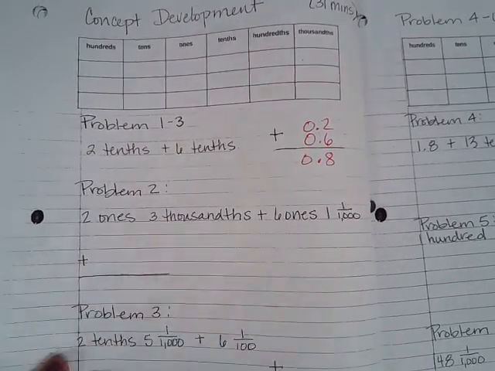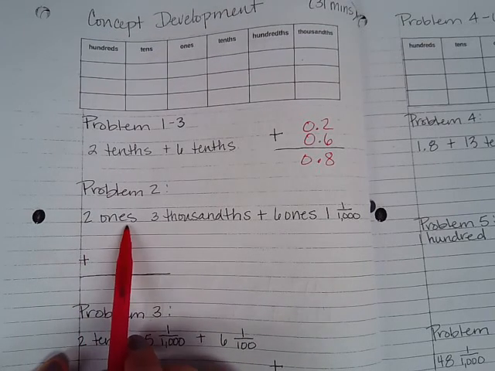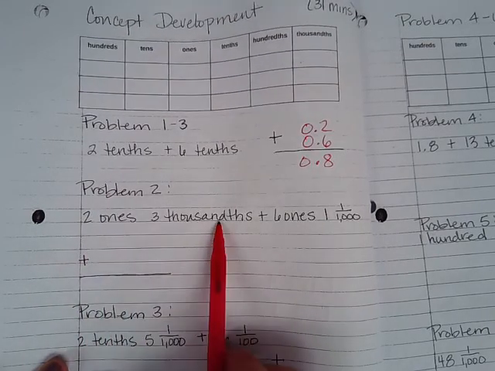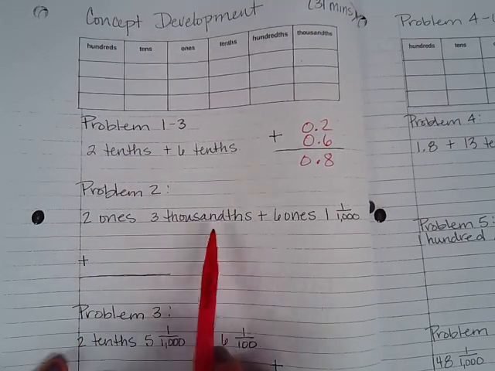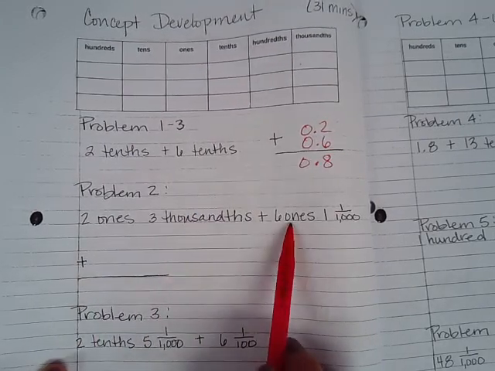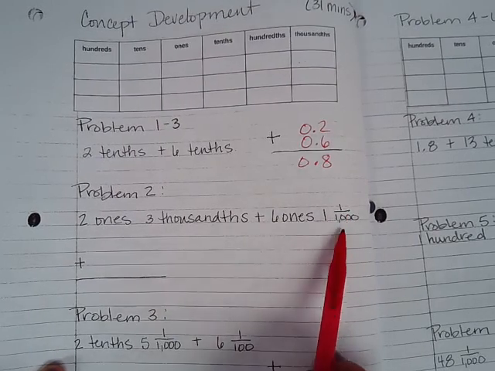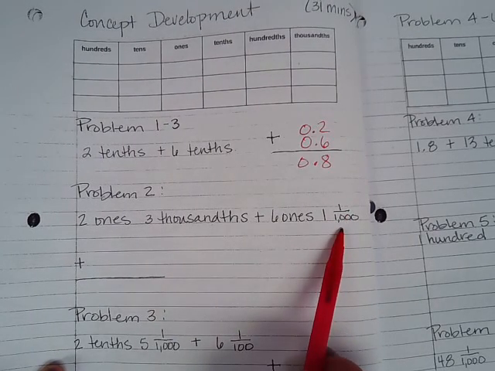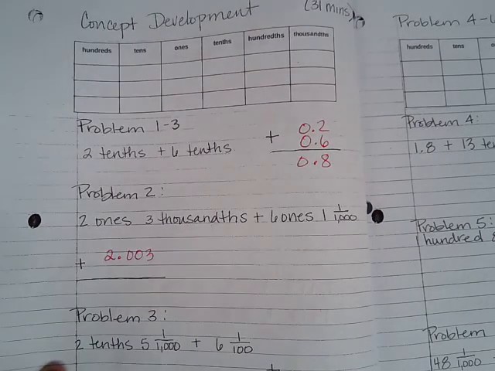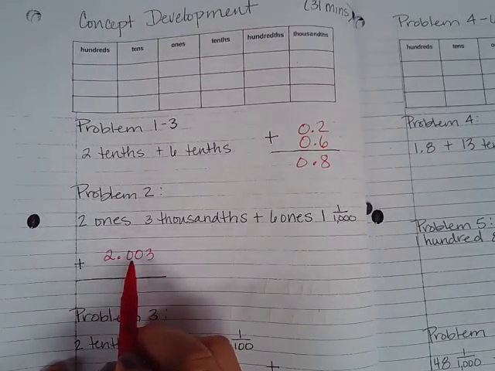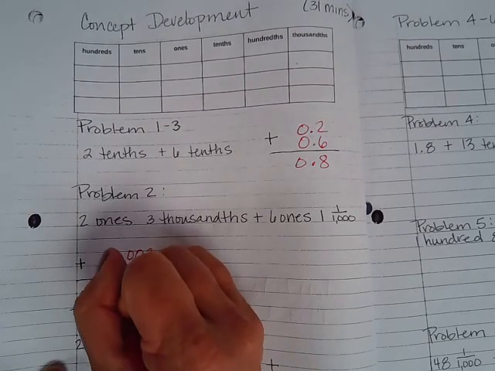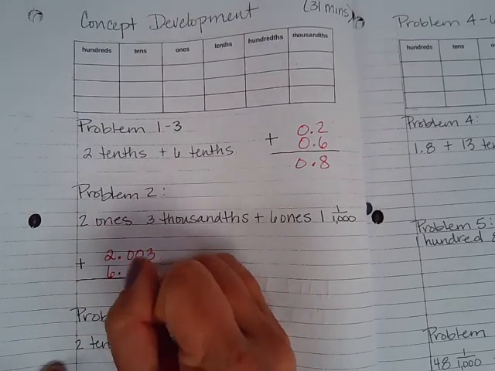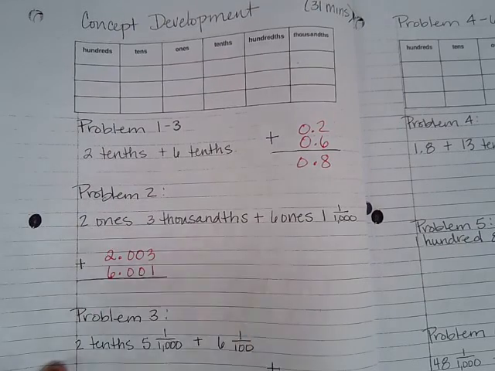Now, problem 2: 2 ones, 3 thousandths, plus 6 ones and 1 thousandth. Let's write that out and take a look at it. So 2 and 3 thousandths plus 6 and 1 thousandth.